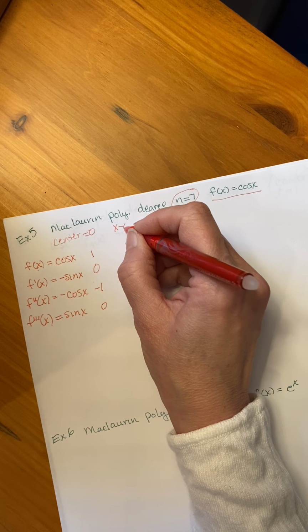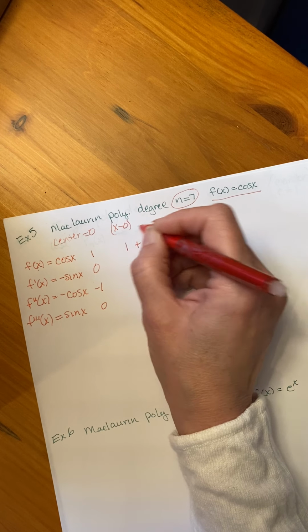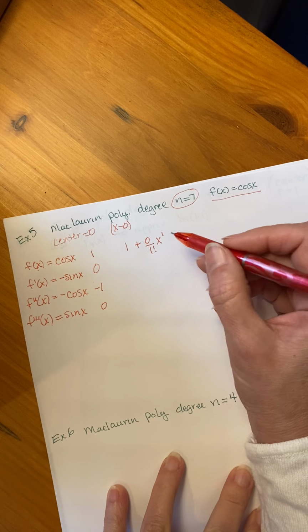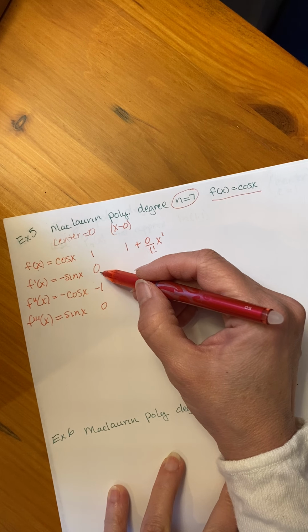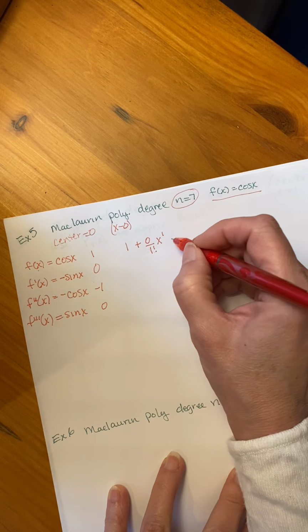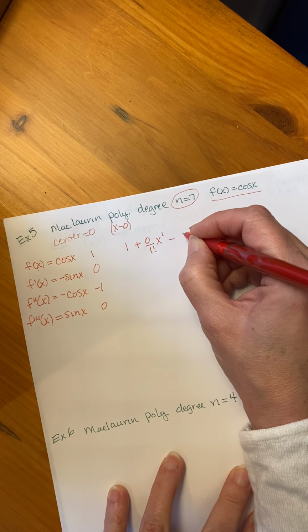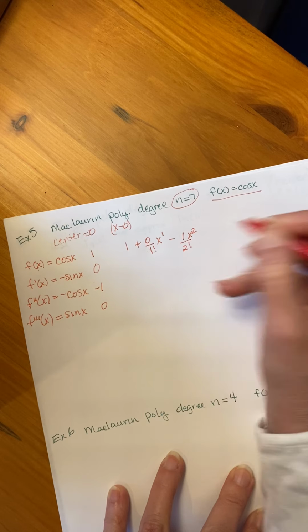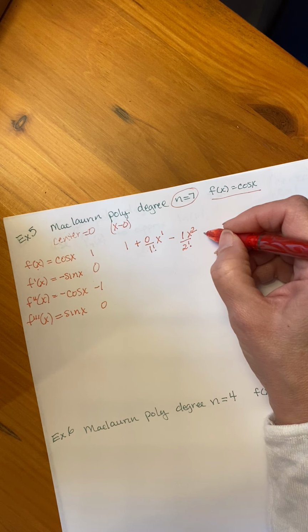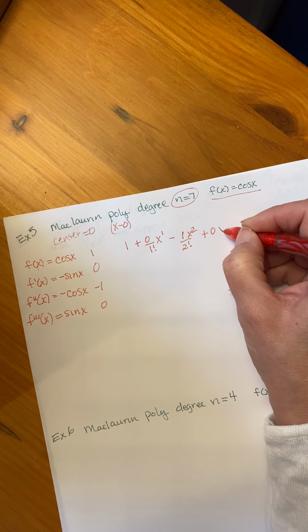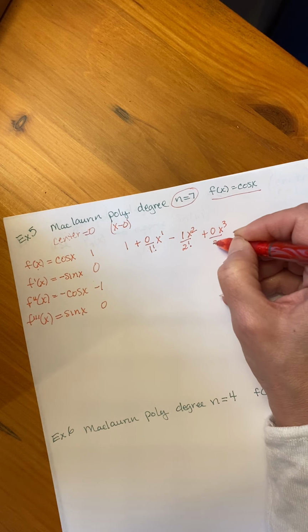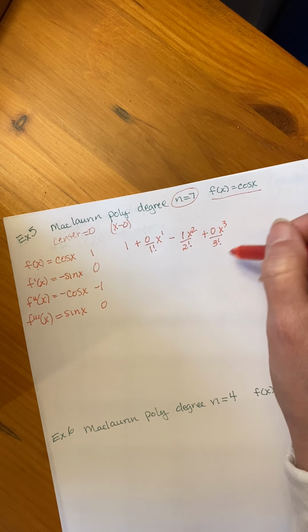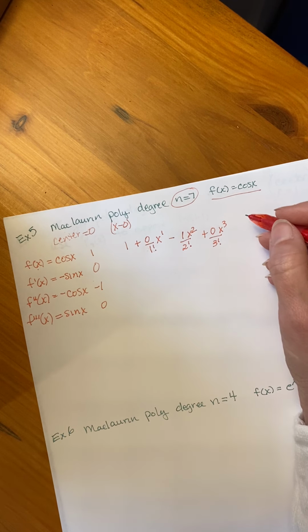We're thinking of x minus 0, so we're not going to write it like that. We're just going to write it as x. And then, so that's the second coefficient, 0. The third one would be minus, and this is going to be a 1 in front of x squared over 2 factorial. Are you remembering this pattern? Plus then 0 times x cubed over 3 factorial. Beauty of these is this is going to be the pattern all the time.